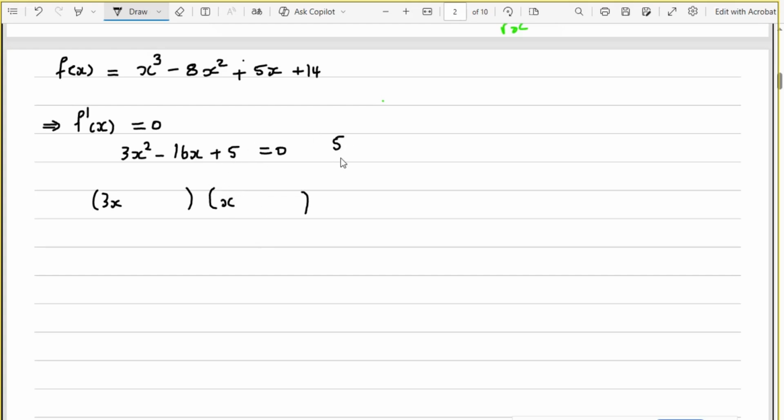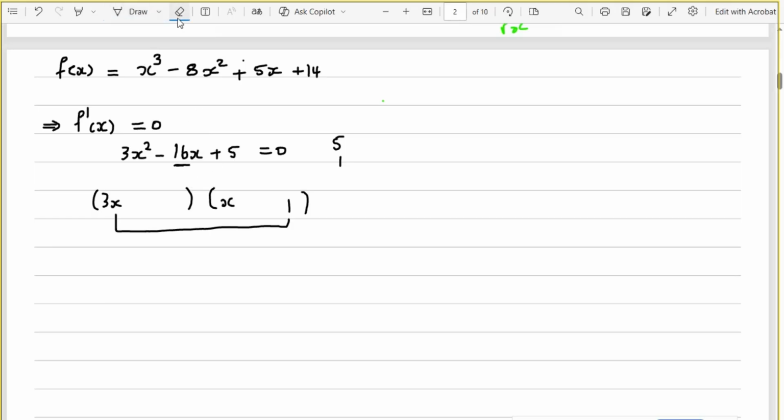So this is 5 and 1. Look at this. If I put the 1 this side, 3 times 1 is 3x. Is 3x close to 16? It's very far.